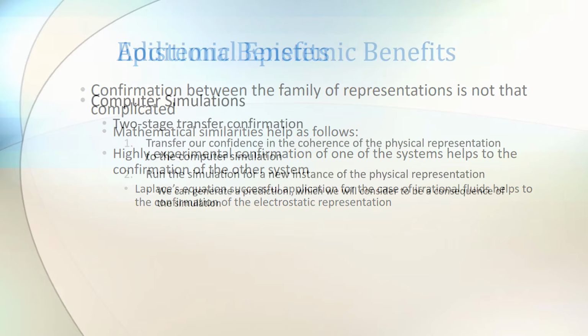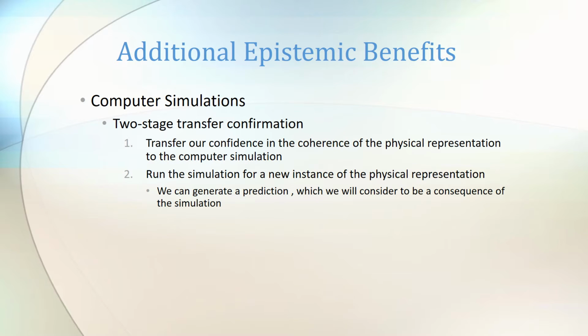Computer simulations have a two-stage transfer of confirmation. The first one can be understood as follows. There must be a physical system representation that is well confirmed. Then we can construct a computer simulation that shares the relevant mathematics with our representation of the physical system.